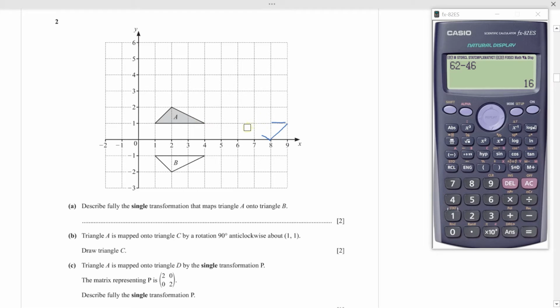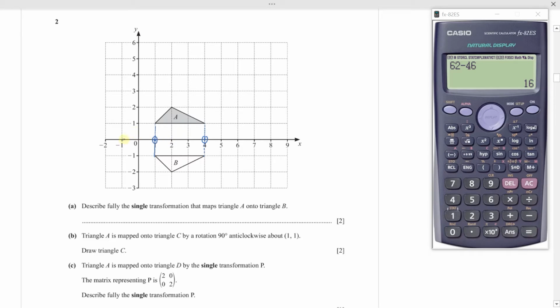So to find the line of reflection, I will connect the object with the image. So this vertex is mapped onto this. If I connect this and find the midpoint, the midpoint is this value. And then I take another vertex that is mapped onto this, connect them with a straight line, find the midpoint, which is this, and then my line of reflection will be the line that passes through these two midpoints.